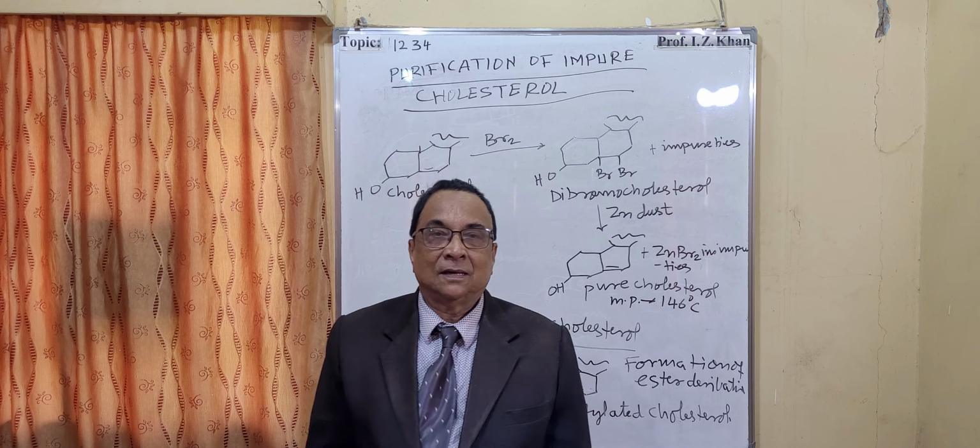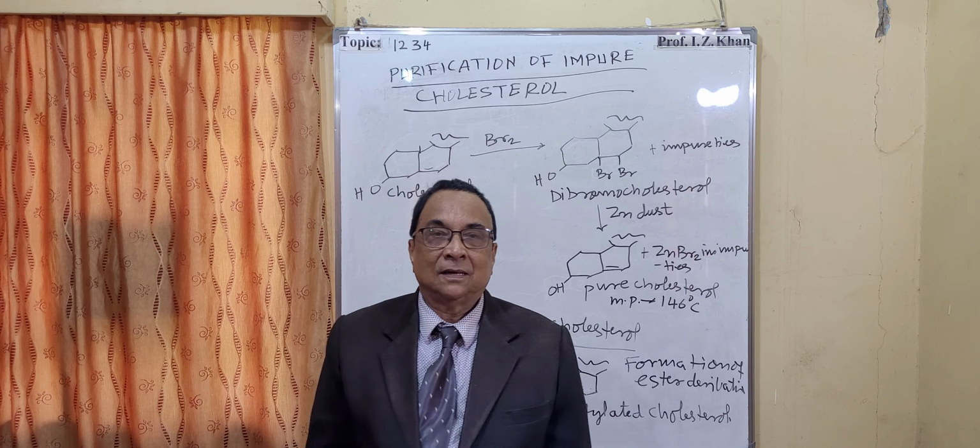Now the second reaction. I have already told you that sometimes I may ask the question, and the students should remember it because this lecture is for steroidal chemistry. How will you prove the presence of an alcoholic group in steroid, and how will you prove that the alcoholic group is acid stable? In that case, you have to discuss two reactions.